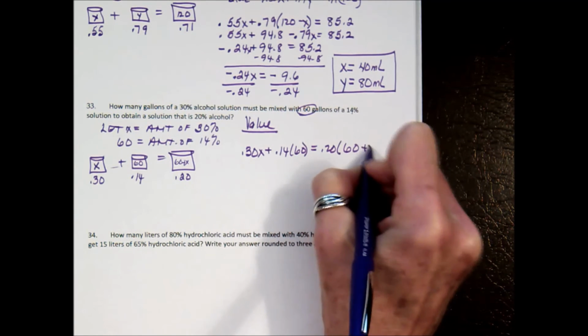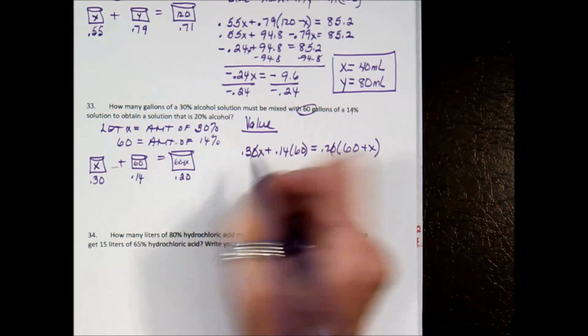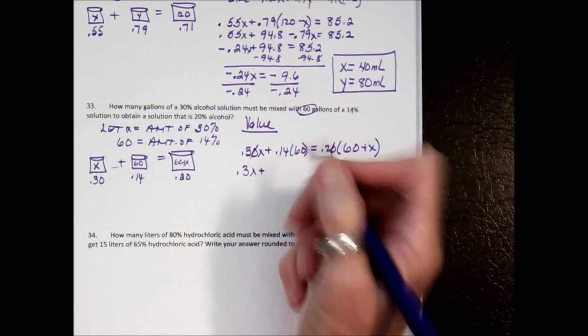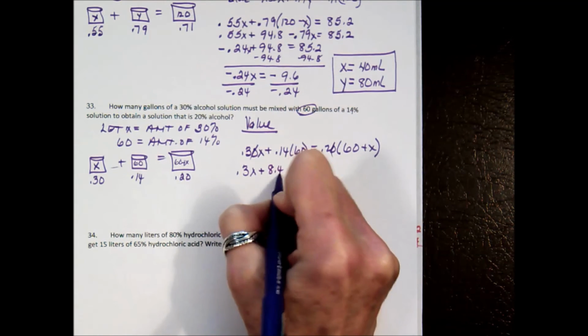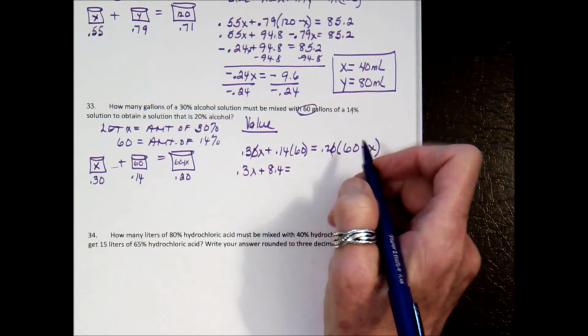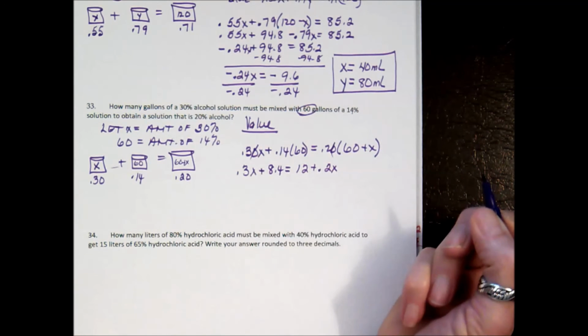Obviously, you can drop those zeros. So we have 0.3x plus 0.14 times 60 is 8.4. 0.2 times 60 is 12 plus 0.2 times x. Let's get the x's on the same side.